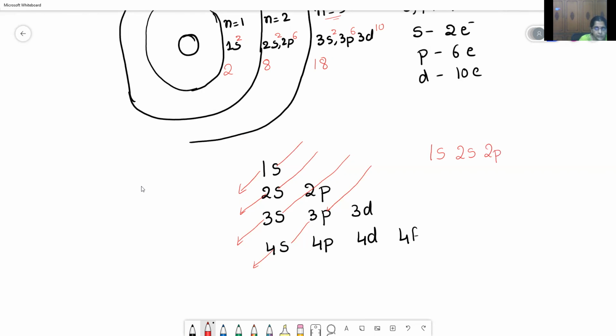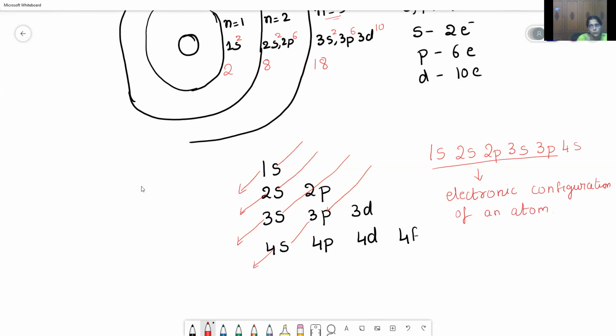The next orbital to fill is 3s, then 3p and 4s, and it goes on and on. This arrangement of electrons in the atomic orbitals is called the electronic configuration of an atom.